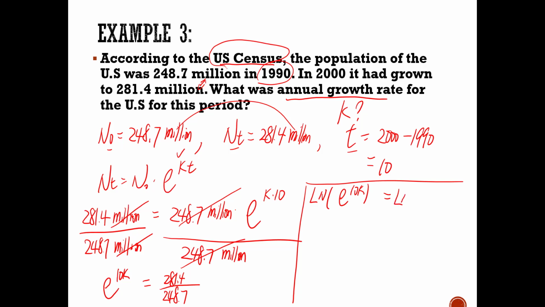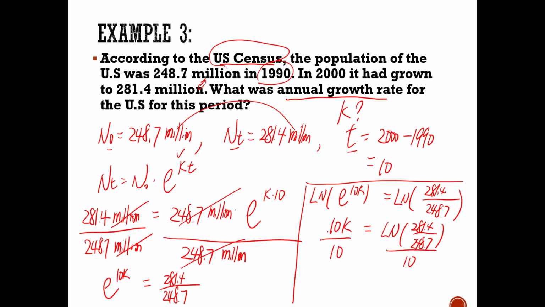And we take the ln on the right, we get 281.4 over 248.7, taking the logarithm base e. Okay. So ln and e offset each other, so we end up with 10k equals ln of 281.4 over 248.7. And then after that, we divide 10 from both sides of the equation, we get k.